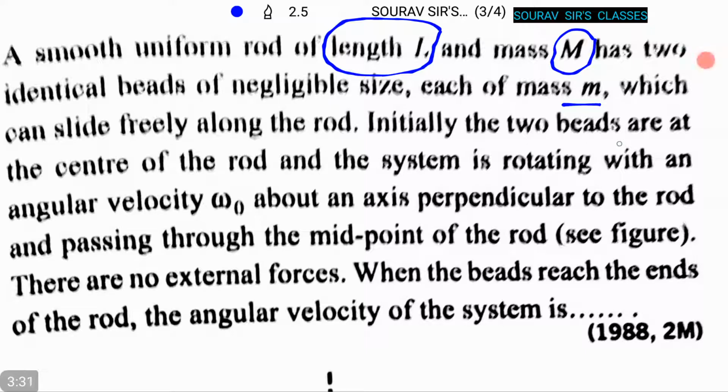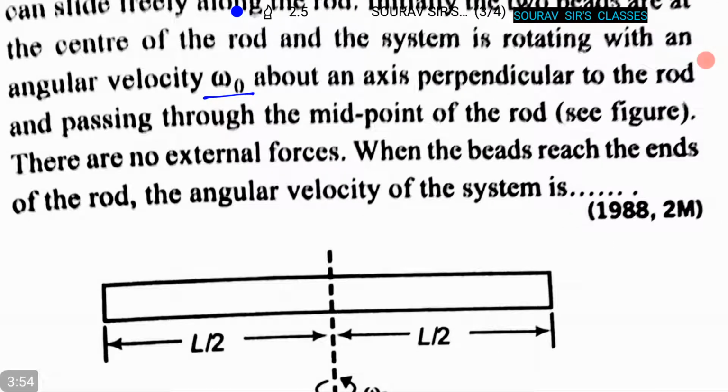Initially, the two beads are at the center of the rod, and the system is rotating with an angular velocity omega 0, about an axis perpendicular to the rod and passing through the midpoint of the rod. This is given in the figure below.